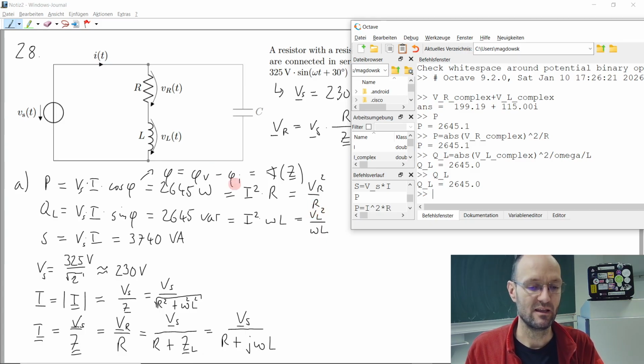And the real power really only happens in the resistor, and the reactive power only happens in the inductor. Real power in the resistor, reactive power in the inductor. So here we use the total voltage, but we also use the cosine term. Here we only use the partial voltage and the resistor and no cosine term.